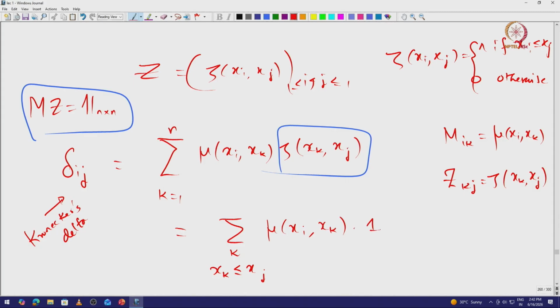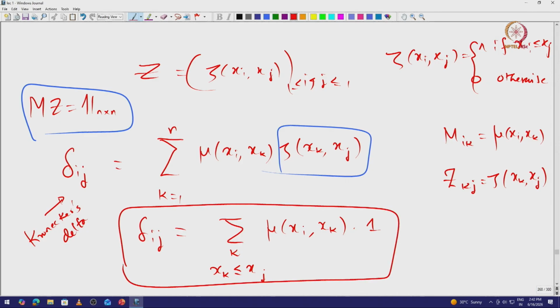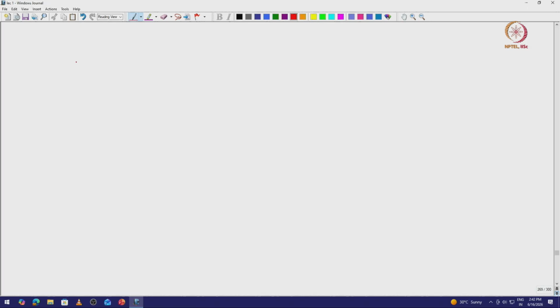This is either 0 or 1, so we are only looking at the terms that survive. So, delta ij becomes exactly this.